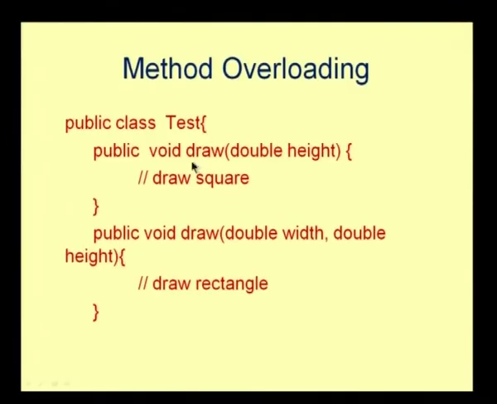So you can see here public class test. I have a draw method with one single variable, the same method name, whereas I have changed the list of parameters. So here I have 2 parameters. So this draw will have only one parameter, whereas this draw has 2 parameters.